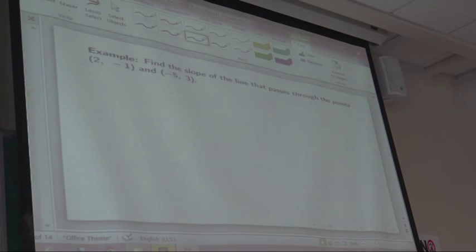Now let's see, we're going to find the slope of the line that passes through the points (2, -1) and (-5, 3). We don't need to plot the points, but if you'd like to, we can. (2, -1) is this point, and (-5, 3) is about this point.